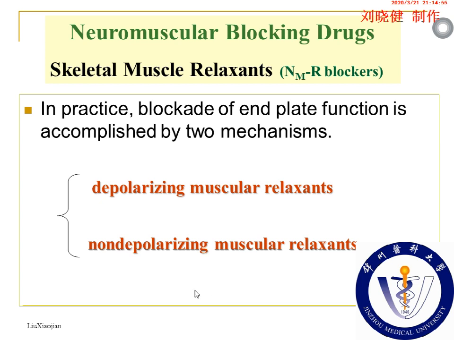In practice, the blockade of end plate function is accomplished by two mechanisms, depolarization or non-depolarization. So these drugs, based on these two different mechanisms, are also subdivided into two groups, depolarizing muscular relaxants and non-depolarizing muscular relaxants.